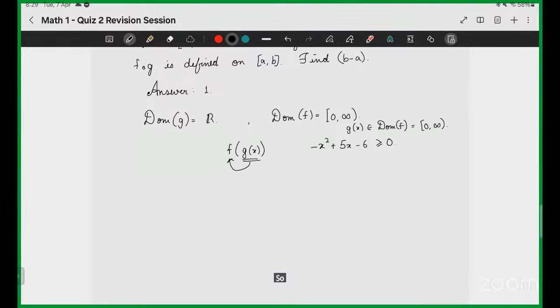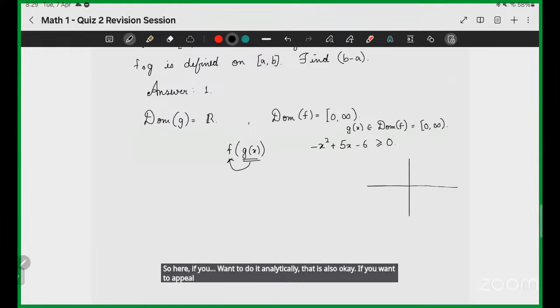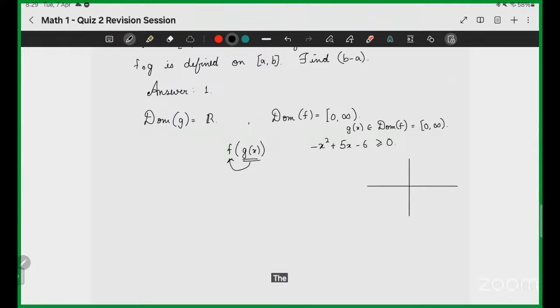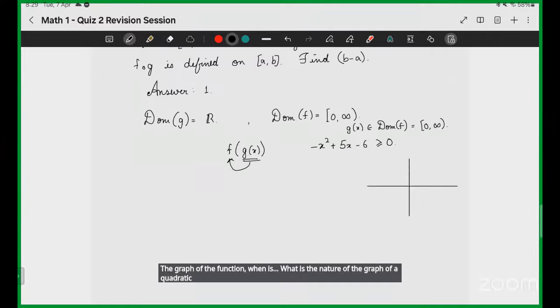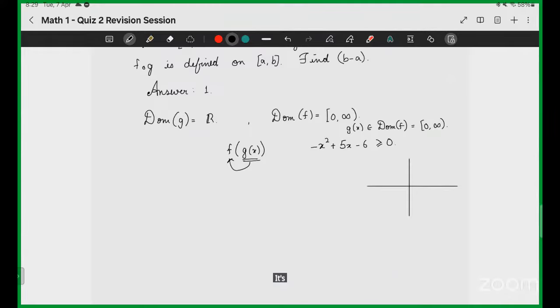So here, if you want to do it analytically, that is also okay. If you want to appeal to the graph of the function, what is the nature of the graph of a quadratic function? It is parabolic. Is it opening upwards or downwards?